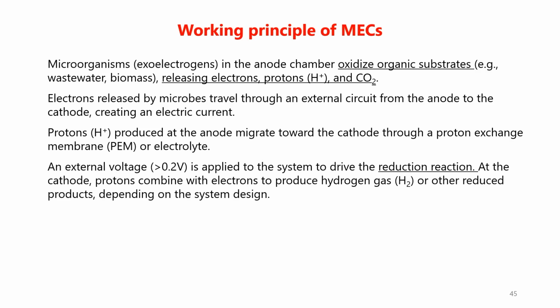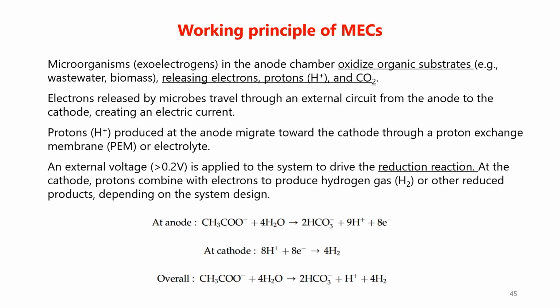An external voltage is applied to the system to drive the reduction reaction. At the cathode, protons combine with electrons to produce hydrogen gas or other reduced products depending on the system design. You can see here the reactions at the anode, the reactions at the cathode, and the overall reaction, where ultimately we have hydrogen production.